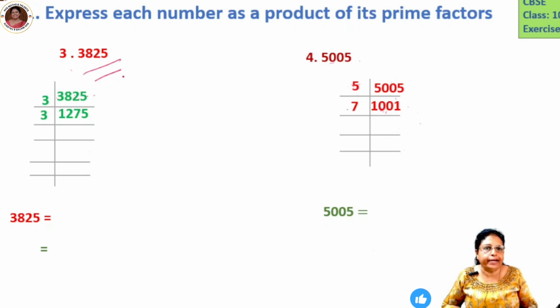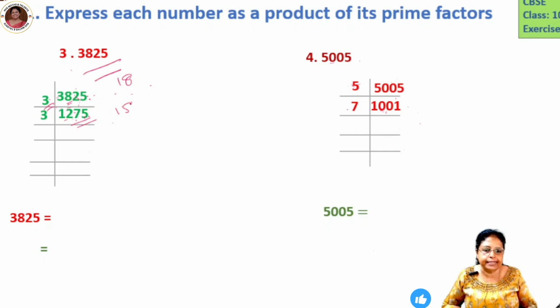If you want to find out whether 3 is a factor, you just add the digits. 8 plus 3 is 11, plus 2 is 13, plus 5 is 18. 18 is a multiple of 3, so you can divide this by 3. 3 ones are 3, 3 twos are 6, then 2 is remainder, 22, 3 sevens are 21, 1 is remainder, 15. 3 fives are 15. So we got 1275.